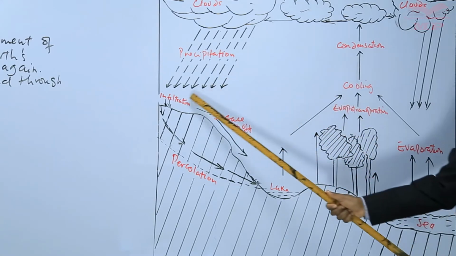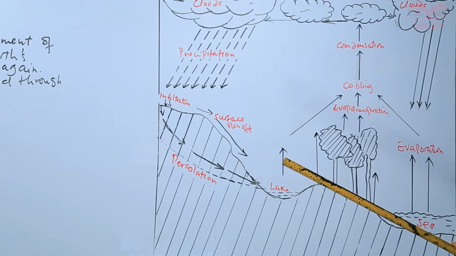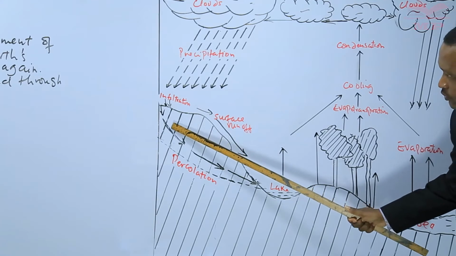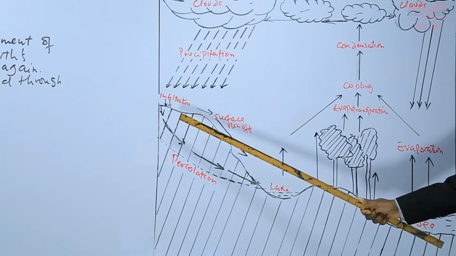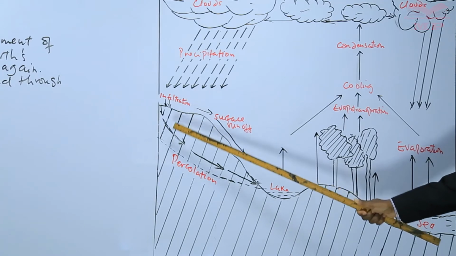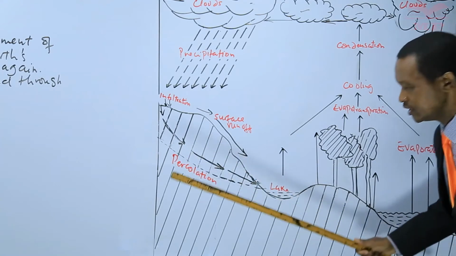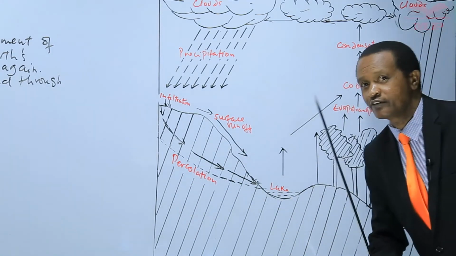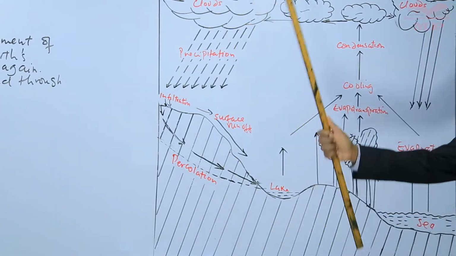Then there is the other water that runs on the surface. Now, the water that finds its way into the ground through infiltration, learners, moves downwards and sideways through the force of gravity.